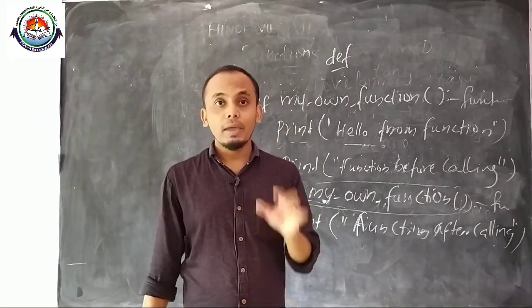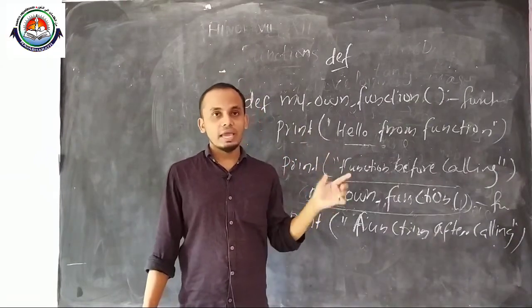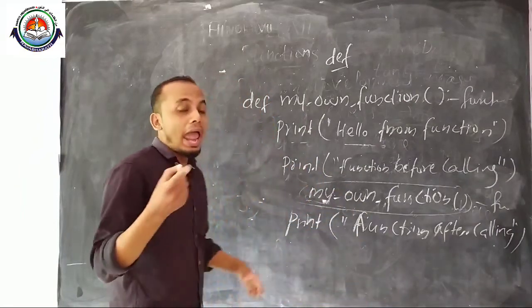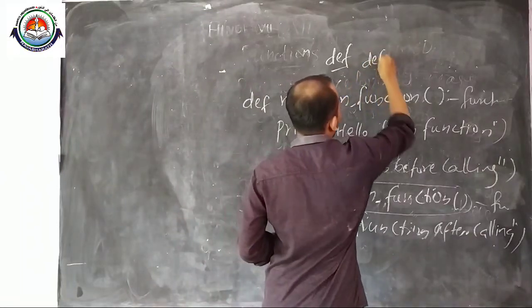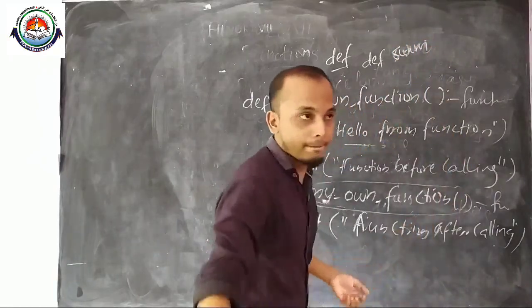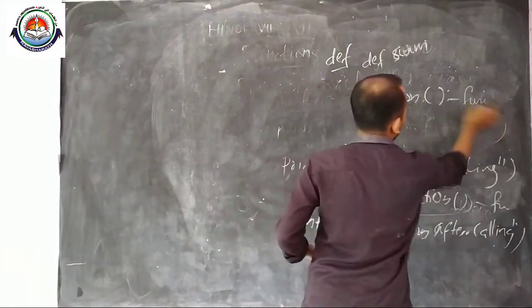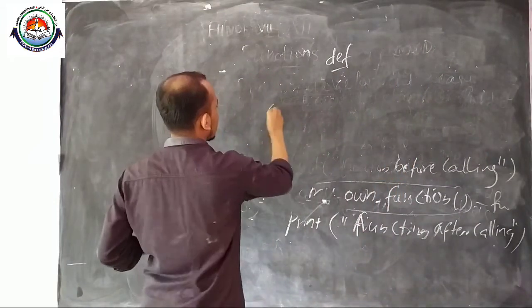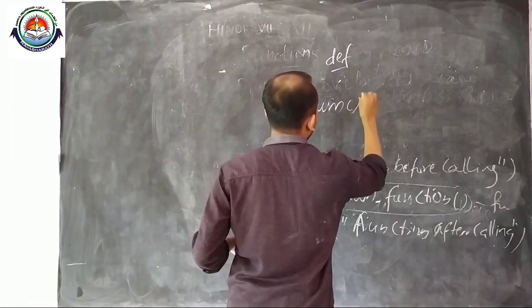We can pass data to a function, and that data are called parameters. For example, for adding two numbers, here one function is declared: def sum.